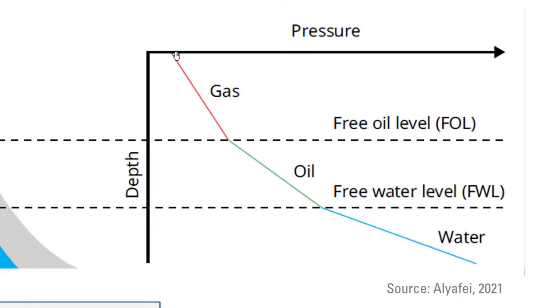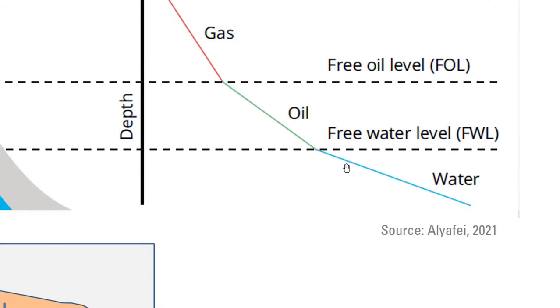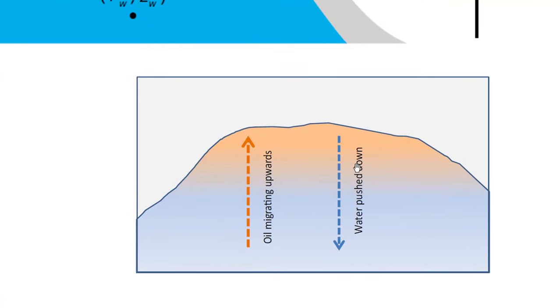Gas will be quite steep, and then oil, and then water will be quite mild, landai. And during oil and gas migration, oil will migrate upwards because it is lighter, whereas water will be pushed down because it is heavier.